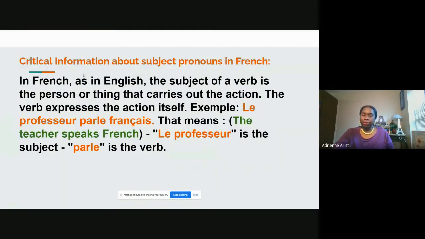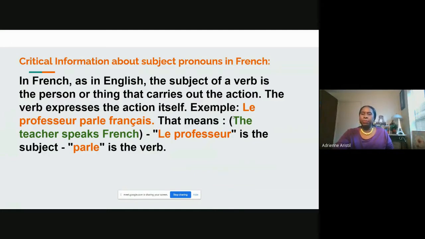To begin with, some critical information about subject pronouns in French. In French, as in English, the subject of a verb is the person or thing that carries out the action. The verb expresses the action itself.